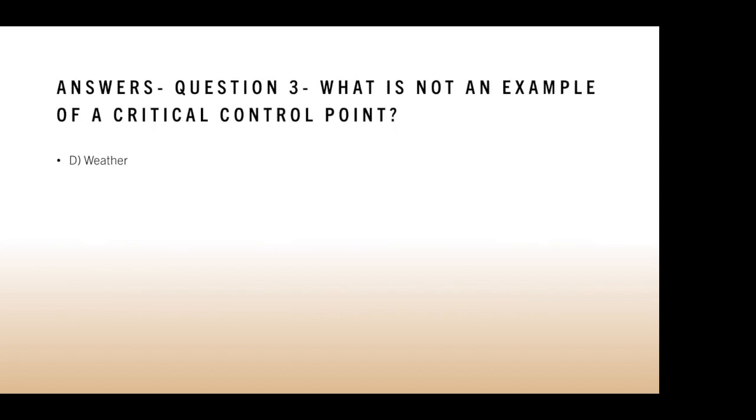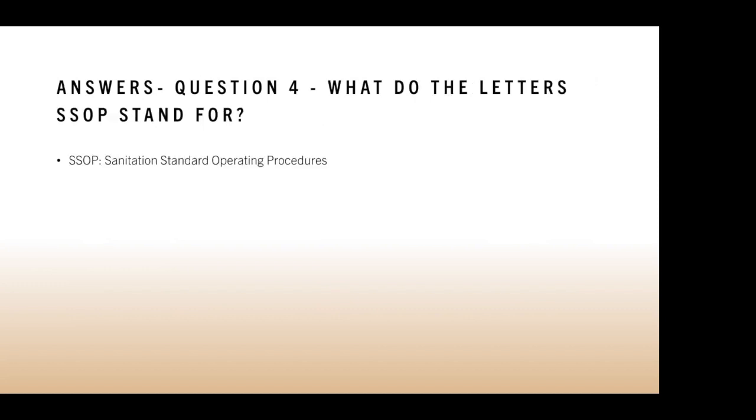Question 3, what is not an example of a critical control point? The answer is D, weather. Question 4, what do the letters SSOP stand for? SSOP stands for Sanitation Standard Operating Procedures.